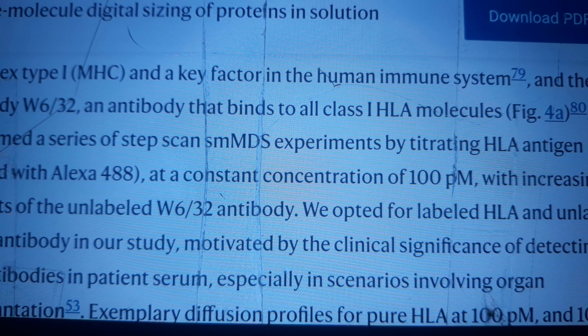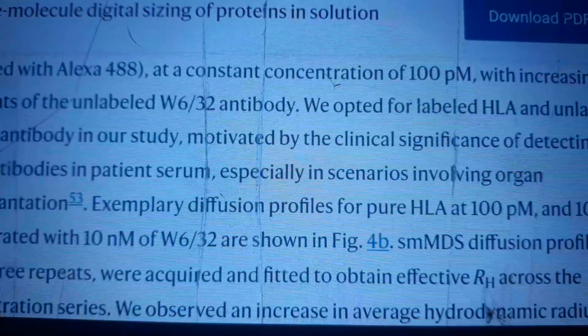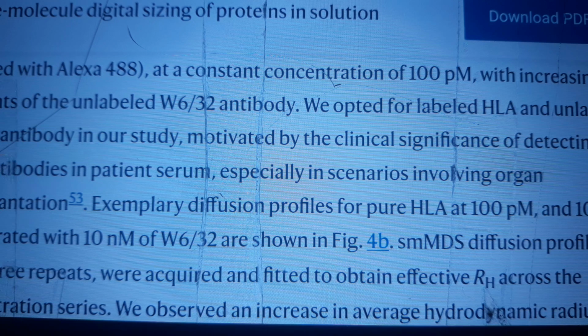A series of step-scan SM-MDS experiments was conducted by titrating HLA antigen labeled with LX488 at a constant concentration of 100 picomolar with increasing amounts of the unlabeled W6/32 antibody.